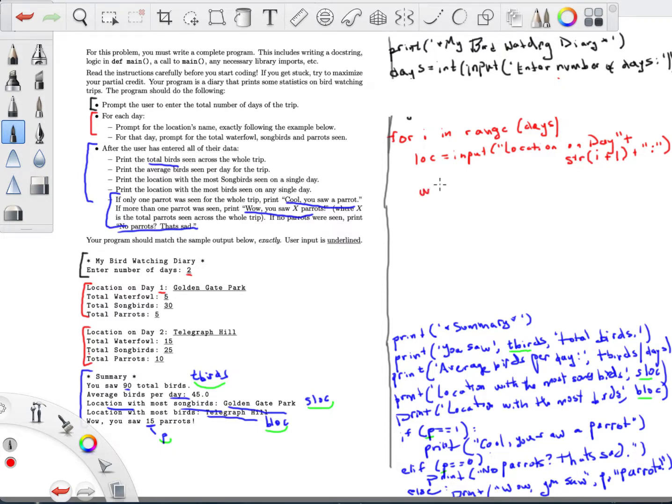I will prompt for the number of waterfowl, and it looks like that is going to be an integer.